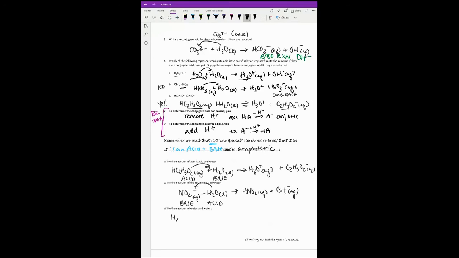Last but not least, water can actually even react with itself, behaving as both an acid and a base, to form H3O plus aqueous plus OH minus. And so if we think back on the Arrhenius definitions of an acid and a base, we still produce the H plus ions and the OH minus ions that we had discussed earlier.